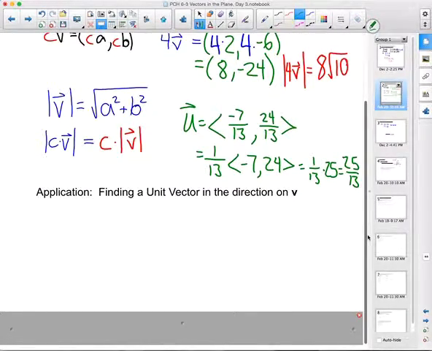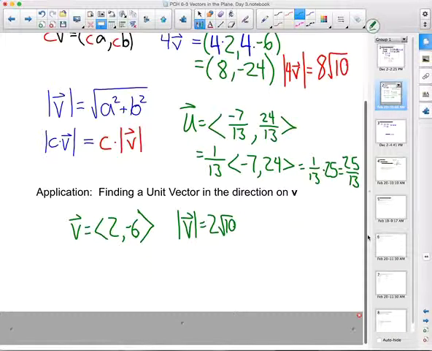So, let's write that down here. V is 2, -6, and let's be consistent in our notation. Pick one or the other. There we go. And we said the magnitude of v equaled 2√10. Okay? Now, question.